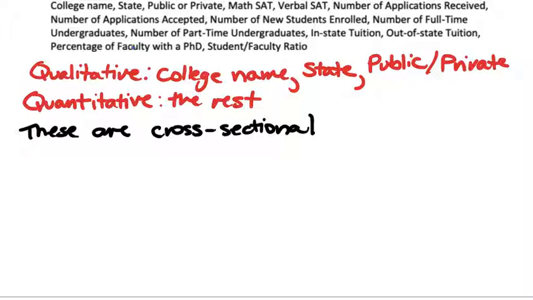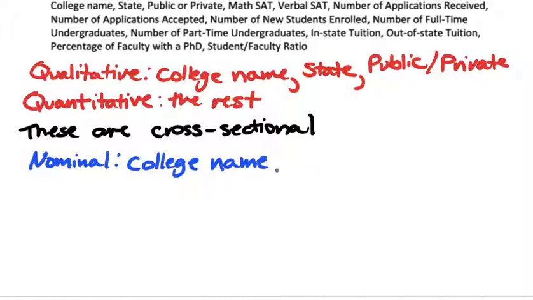So the nominal data types that we have here, college name would be nominal. There's no inherent order in that. None of the college names are better than the others. State would be nominal.